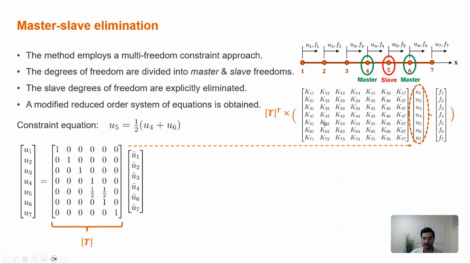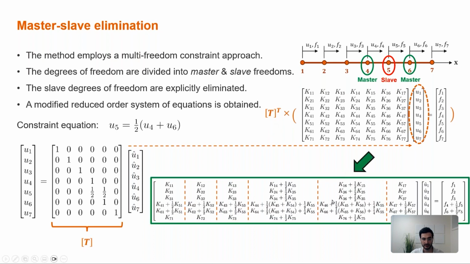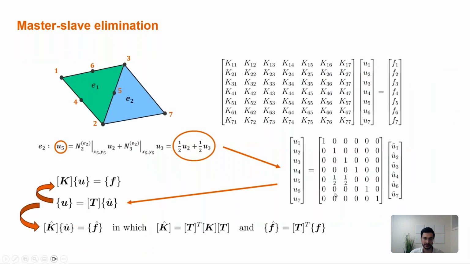And then we multiply both sides of this equation by the transpose of T. This ends up as a reduced system of equations, which has only 6 components instead of 7. And the stiffness matrix here is positive definite if the original matrix is positive definite. Well, this system of equations ensures continuity.